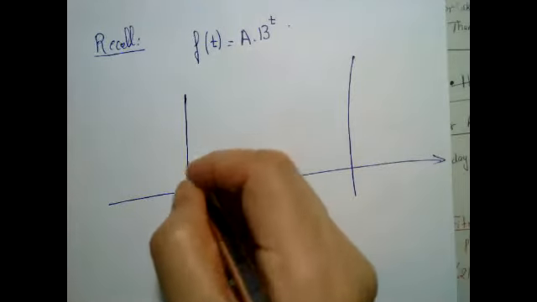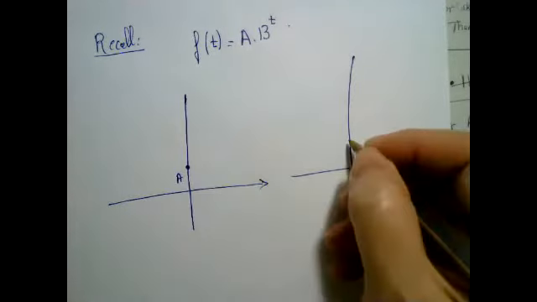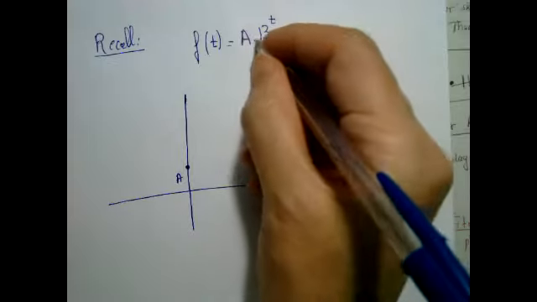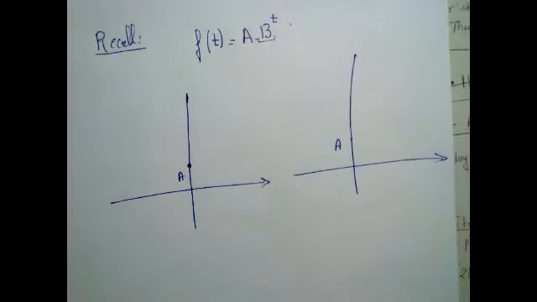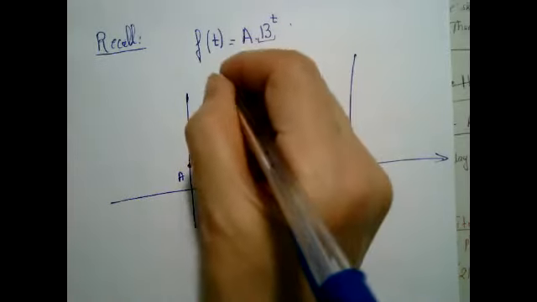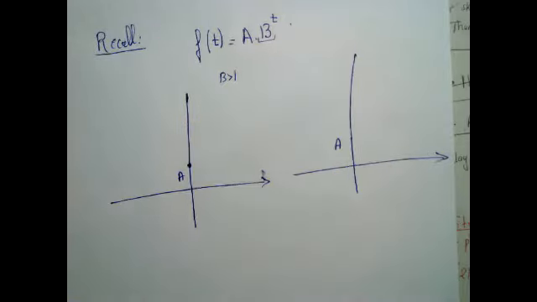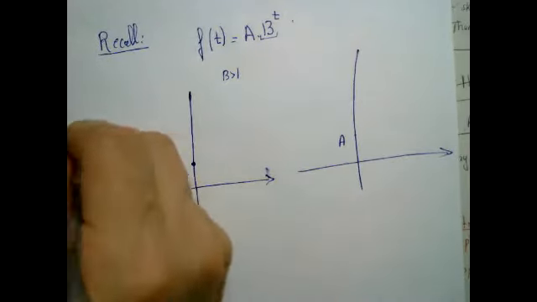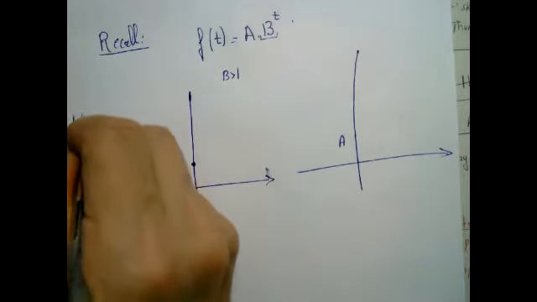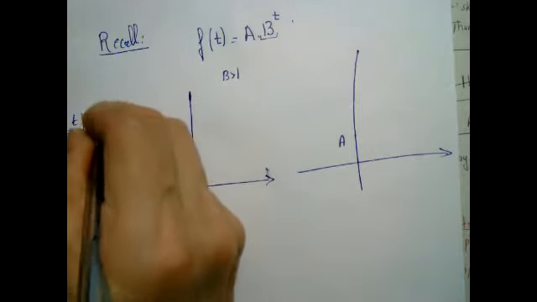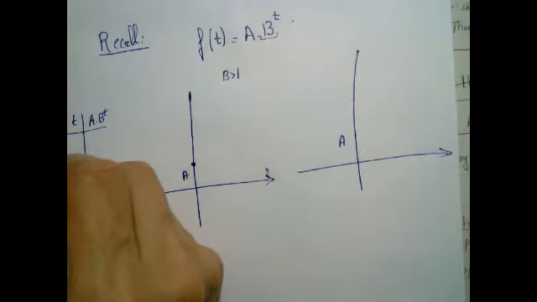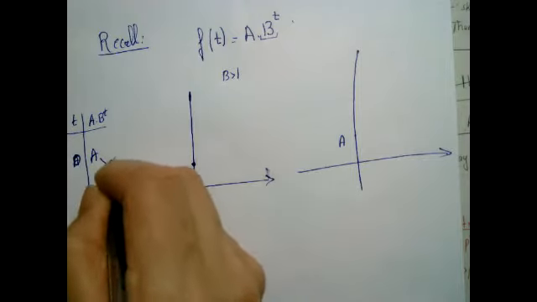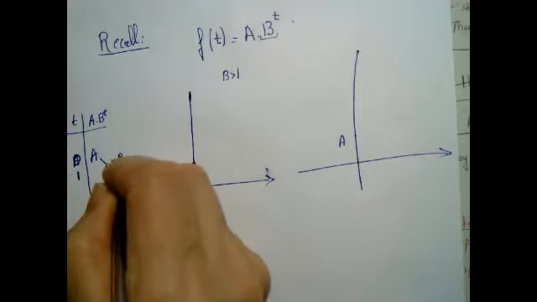Its initial value is a, but the graph depended on b. When b is bigger than 1, the picture is like that. This is t, and this is a times b to the t. It starts at 0 at a, then after 1 unit we multiply by b.